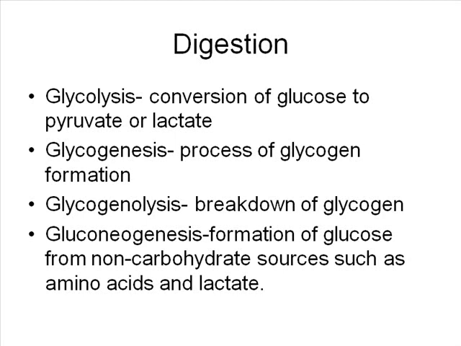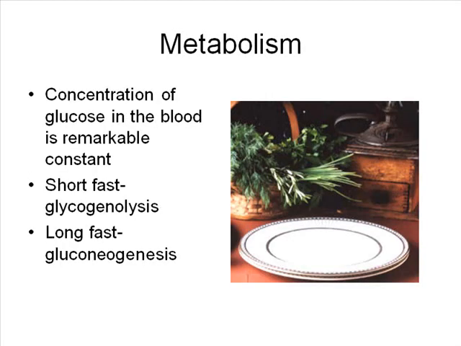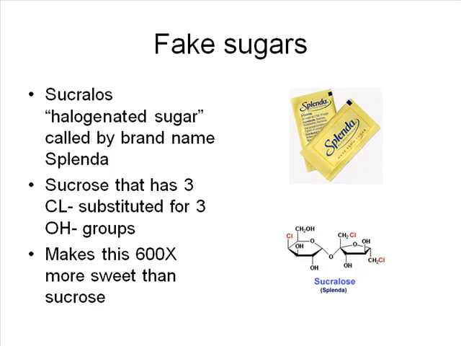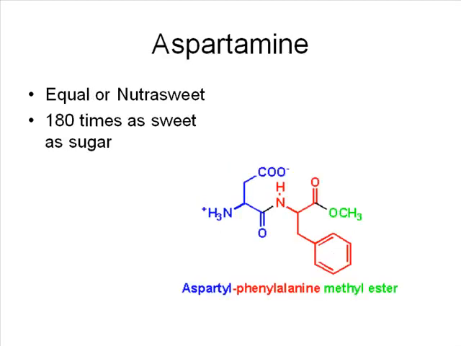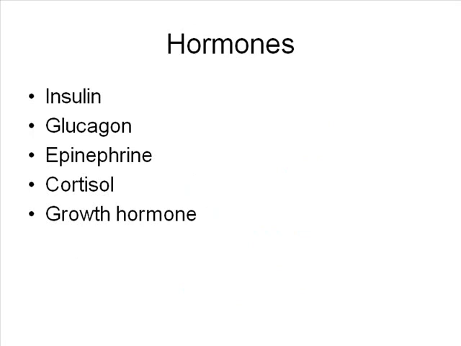If your brain goes below a certain level, you will become unconscious. All right, and we know about what happens in a short fast. You go through glycogenolysis. In a long fast, then it's gluconeogenesis. Some of the fake sugars, you can go back and look over that, but I don't think you're going to have any questions about that.